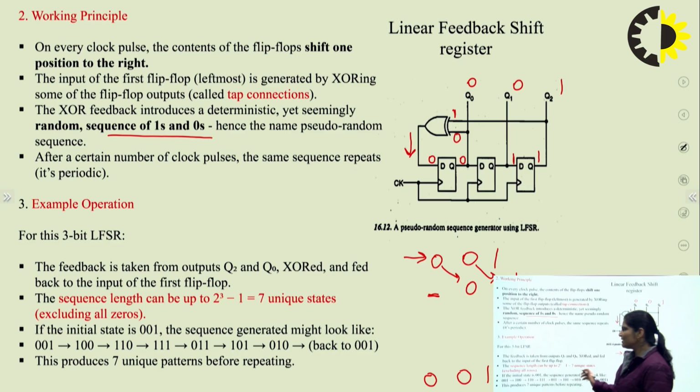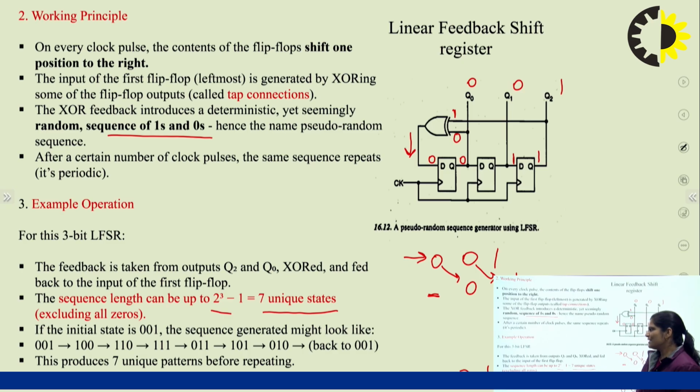So what is the sequence length before it repeats? It is 2 to the power 3 minus 1, which means 7 unique states, excluding all zeros. This is the sequence length for this circuit.